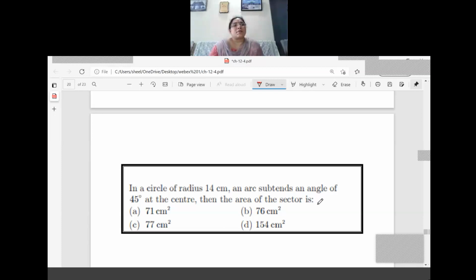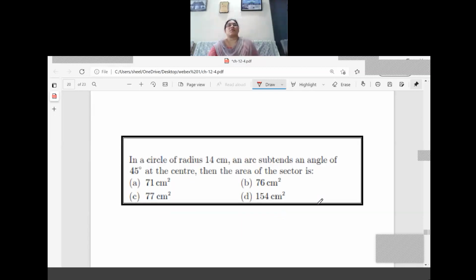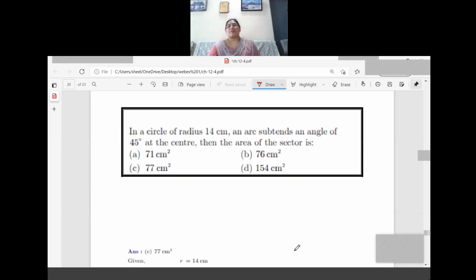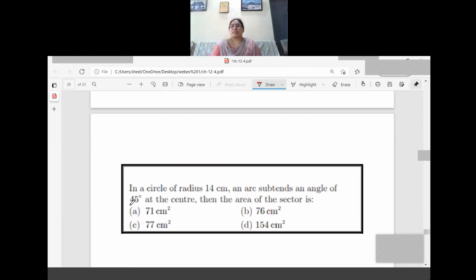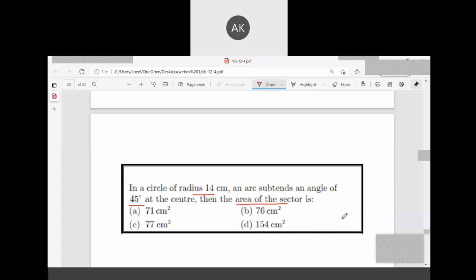Same question only, but this time area of the sector. Angle changed, na? What is the previous angle? 144. Okay, this time 45. Radius 14. Now area of the sector. Do it. 77 centimeter, ma'am.